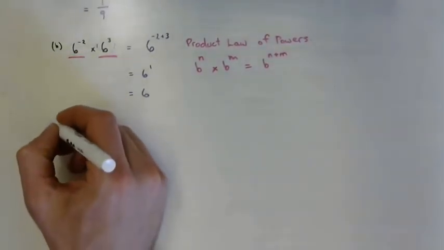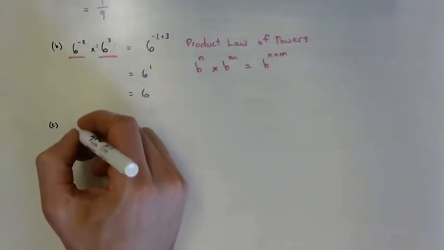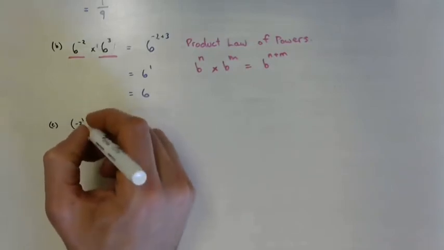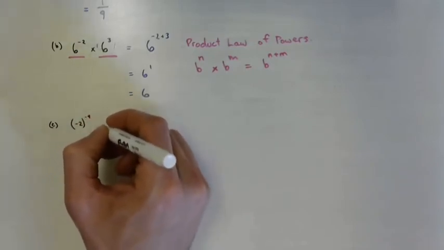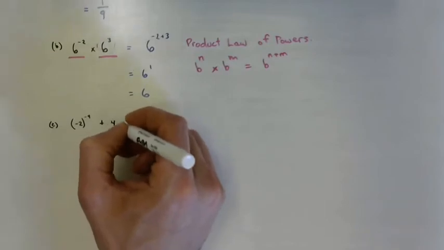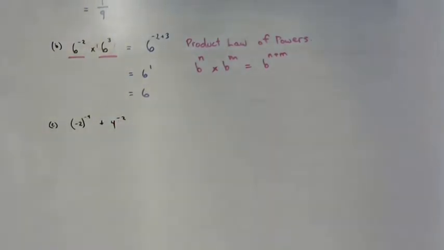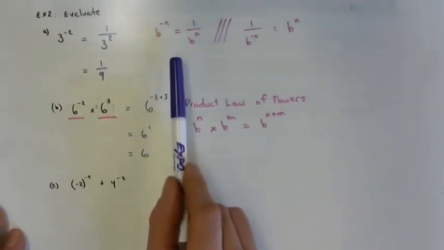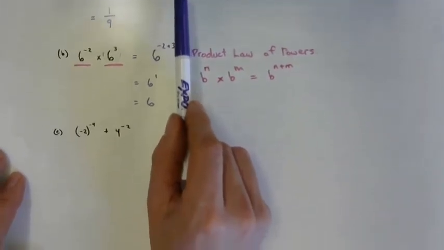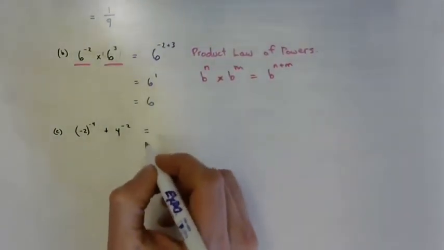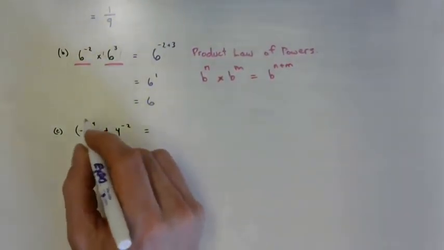C says negative 2 in brackets to the power of negative 4 plus 4 to the power of negative 2. So we have a couple things happening here. We have the reciprocal is going to happen, this first law that we talked about, a negative exponent law. And all that does, allows us to rewrite this situation.